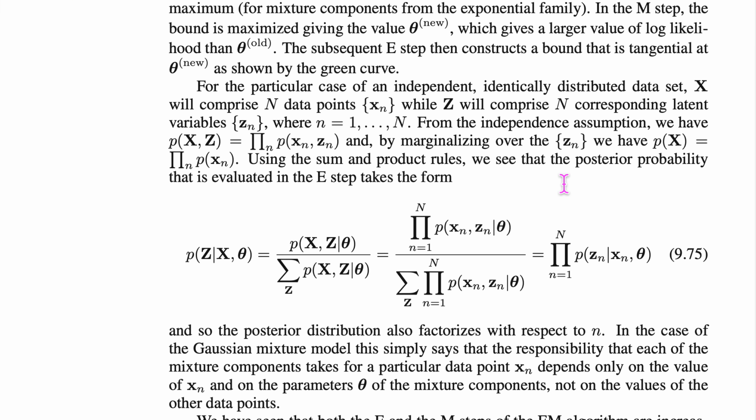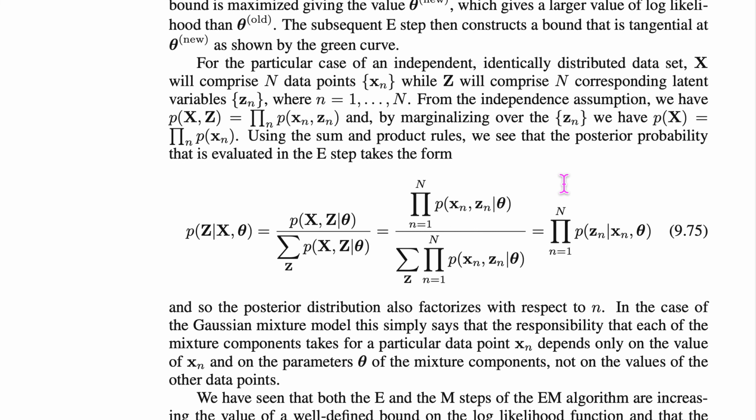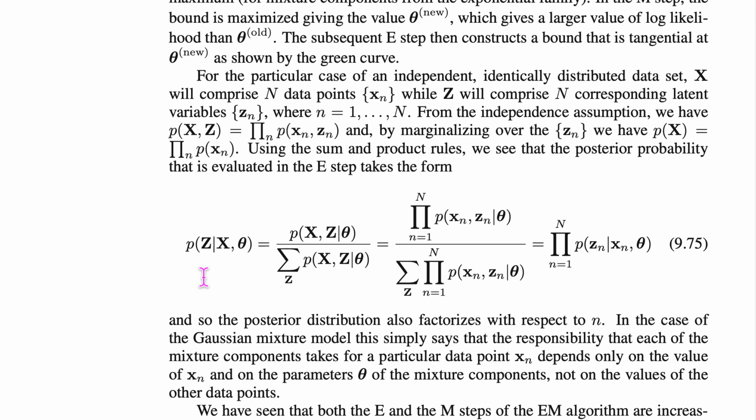Okay, so in general, what we're doing is, if we assume that every single data point is drawn independently from the distribution of X's and Z's, then we can just write this thing as a product over all the different data points. Again, this is that Q value, right?